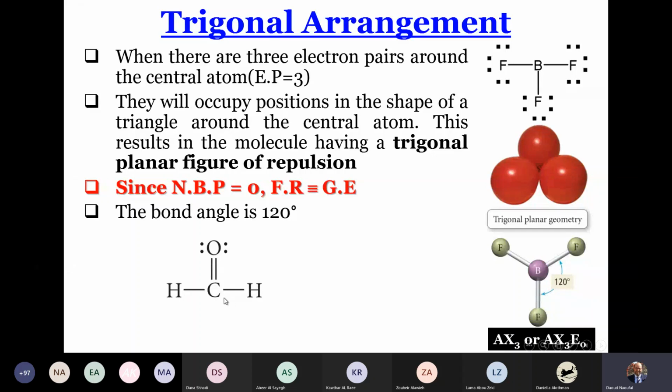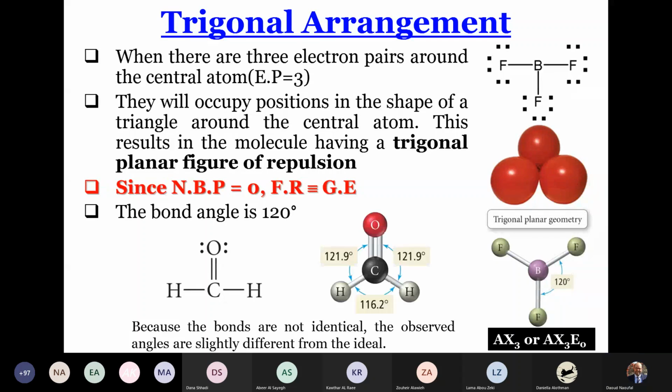So directly, without doing all this analysis, we can say that the figure of repulsion is trigonal planar and the geometry is trigonal planar. And the angles in this case are close to 120 degrees.